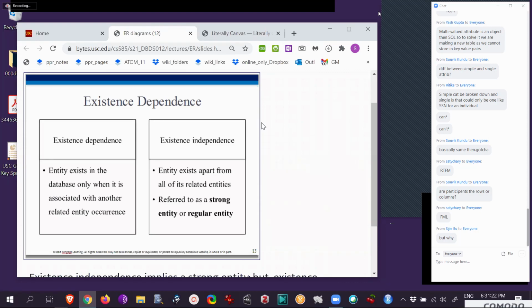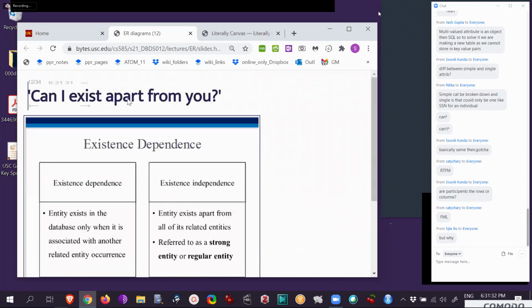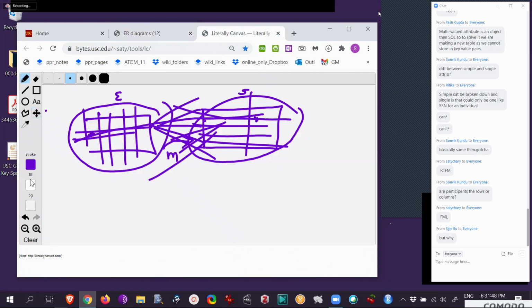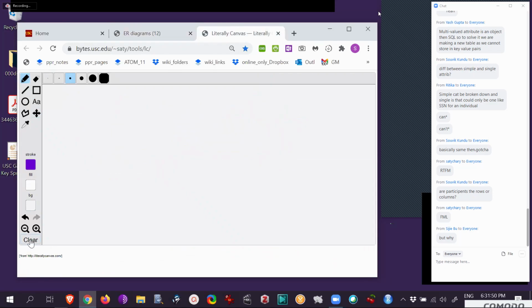That kind of notion of tables existing all by themselves is called existence independence versus existence dependence. So I'm going to tell you what those things mean. All right. Existence dependence means those words. It's all about tables existing. A table can exist in a whole database, meaning in a whole ER diagram, only because of some other table. If that table went away, then this table I'm talking about also cannot exist.